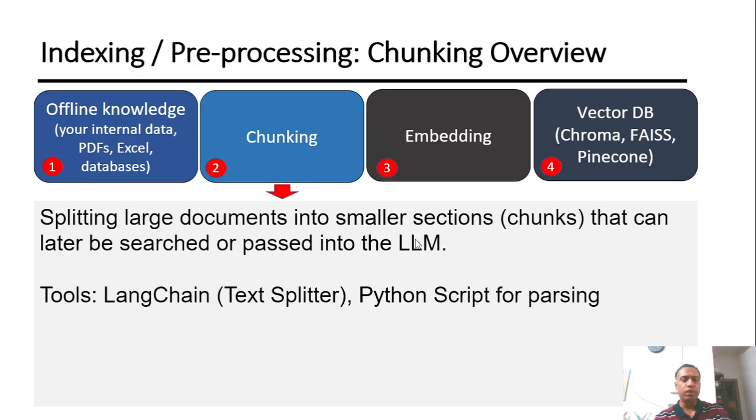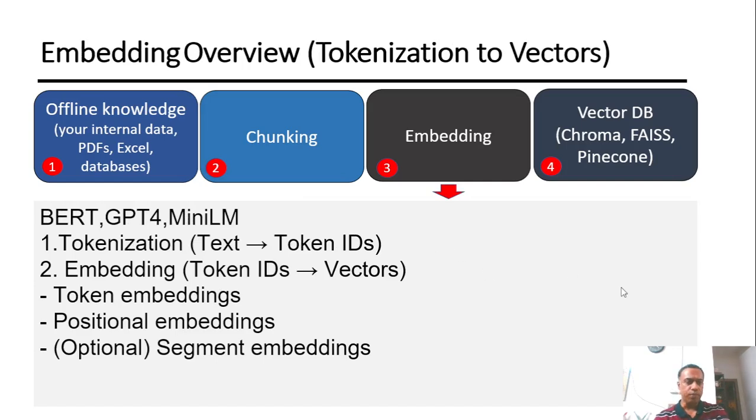Now, let's move into the embedding phase. In the embedding phase, you have models like BERT, GPT, MiniLM. Here, there are two things that actually happen. One is tokenization, where the text becomes token IDs, essentially integers in a list. And the second is the embedding phase, where the token IDs become vectors. Here again, there are three embeddings. One is the token embedding, where the meaning of the words is captured.